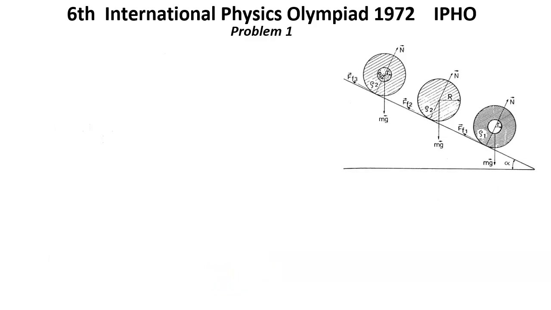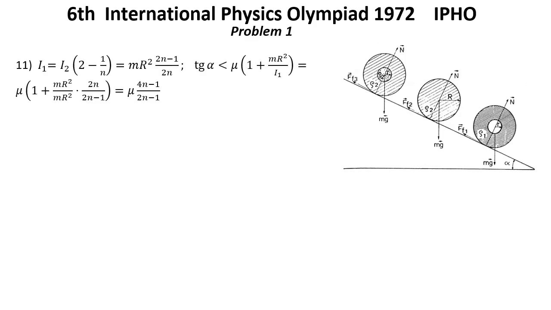In the case of the cylinders from this problem, the condition necessary to show that none of them slides is obtained for maximum I. So we have I1 equal I2 multiplied by 2 minus 1 over n, which is equal to mR square multiplied by 2n minus 1 over 2n.